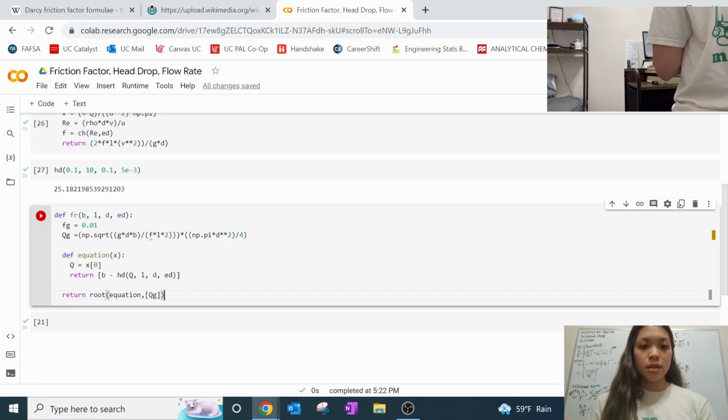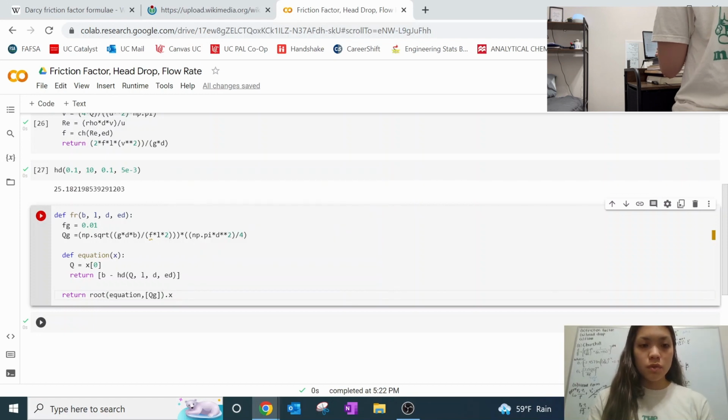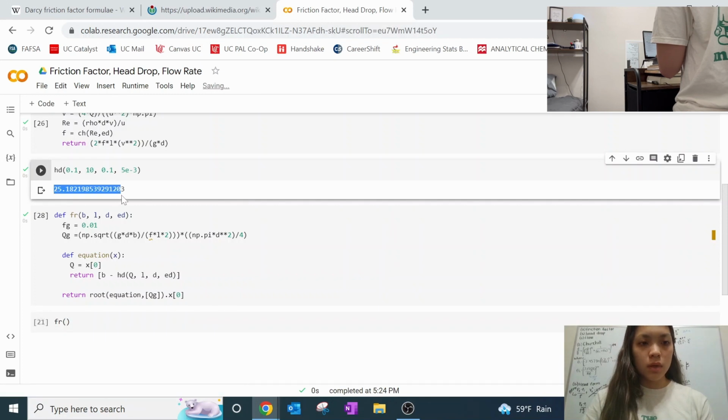So that's the equation and then the QG, which is the guess that we have up here. And then when it outputs, we just want the solution, which is x, and then the first index of that solution.